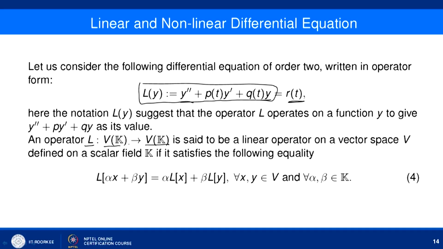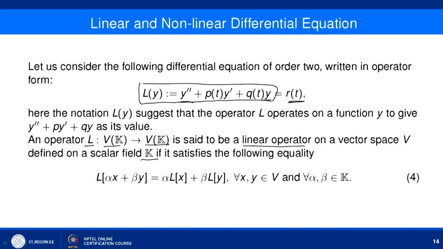So, let us say that an operator L defined from Vk to Vk is said to be a linear operator on a vector space V defined on a scalar field K if it satisfies the following equality. What is this equality?